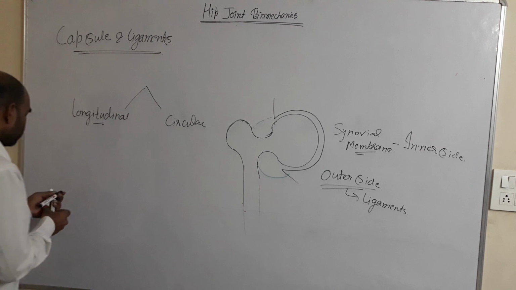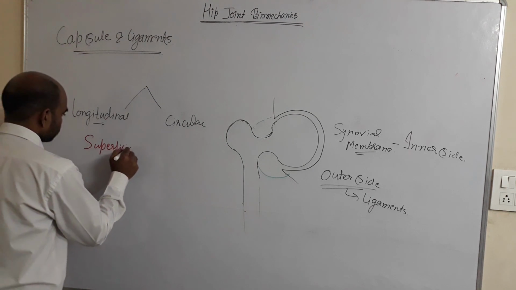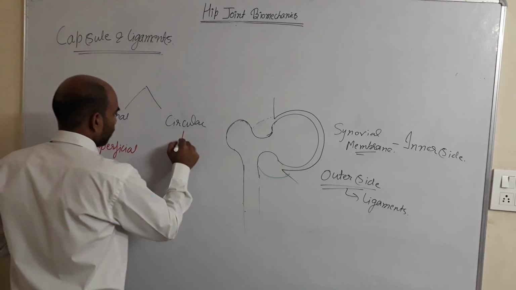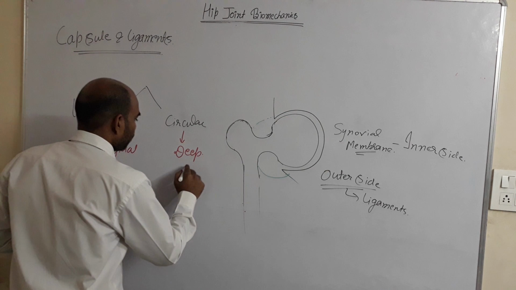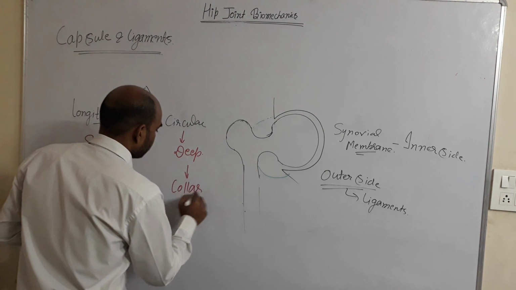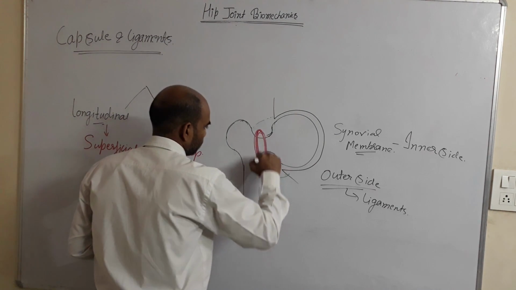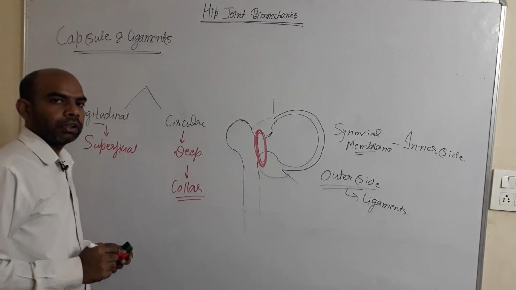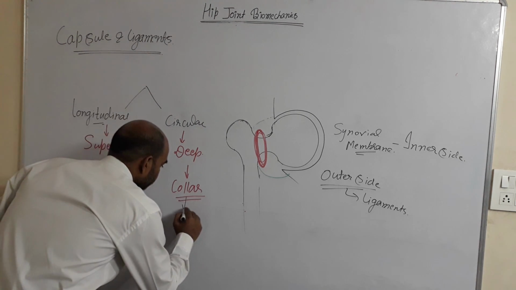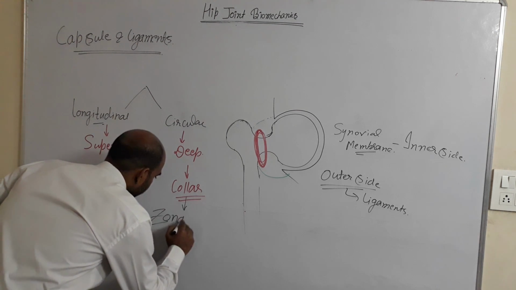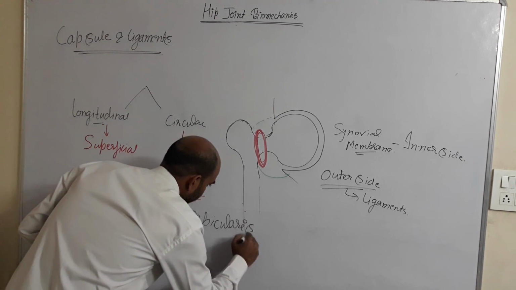Longitudinal fibers are the superficial fibers and circular fibers are the deep fibers. The circular fibers form a collar around the neck of the femur like this, to prevent hip dislocation, and this fiber is called zona orbicularis.